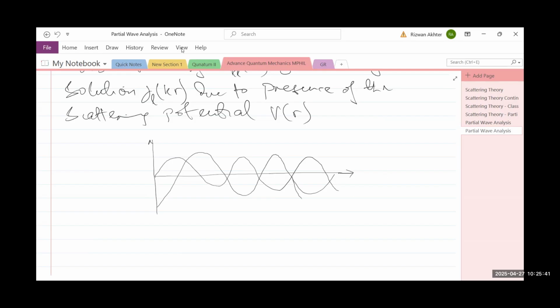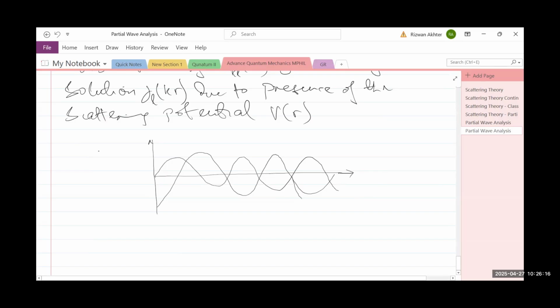Therefore, what we have now is in fact the solution where we have both terms which are present, and now since psi is only modified by the presence of this phase factor delta sub L, one wants to relate this to the resulting differential scattering cross section with the result which we have obtained now. Yeah.